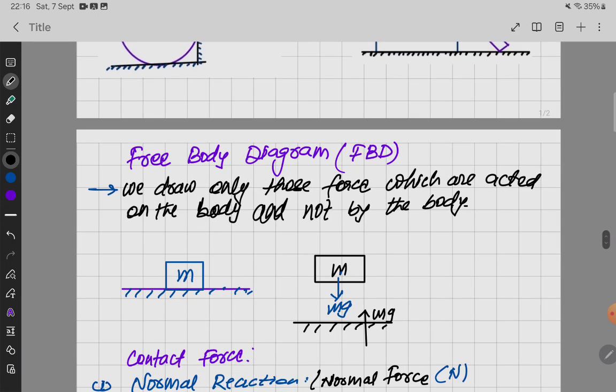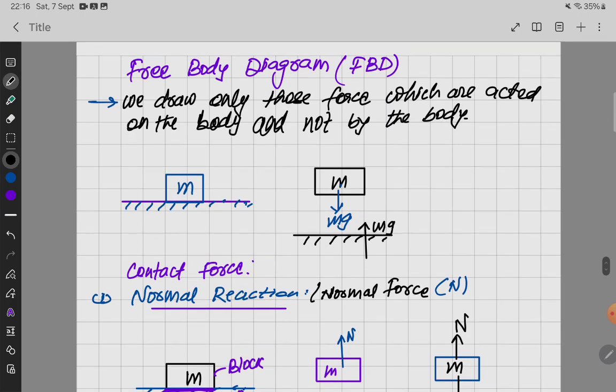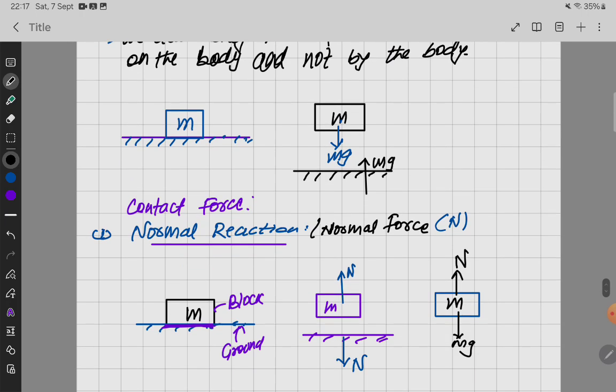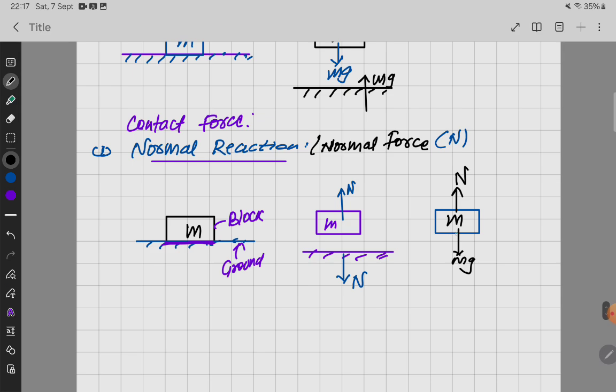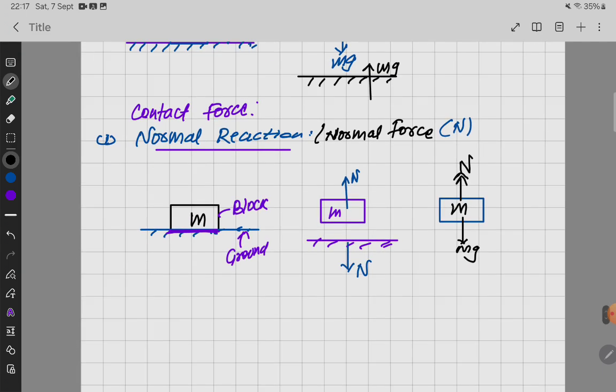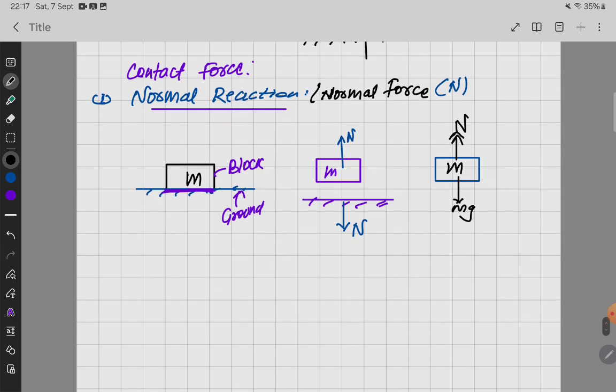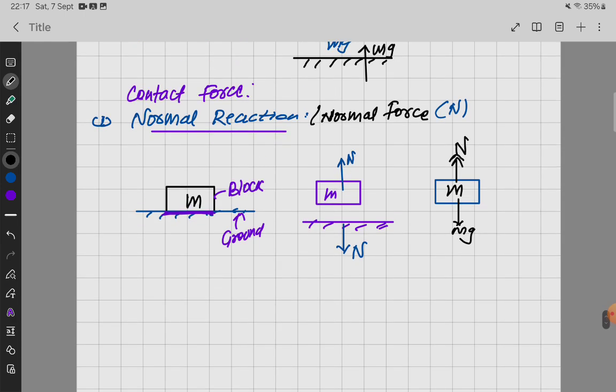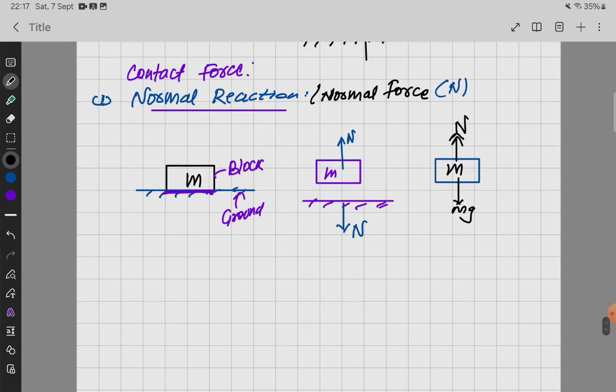So in case of free body diagram, we draw only those forces which are acting on the body, right? So here on this block mass m, one is gravitational force mg, that is being applied by the earth, and another is this normal force n, which is applied by this ground surface, right? So here this is the free body diagram of this block.